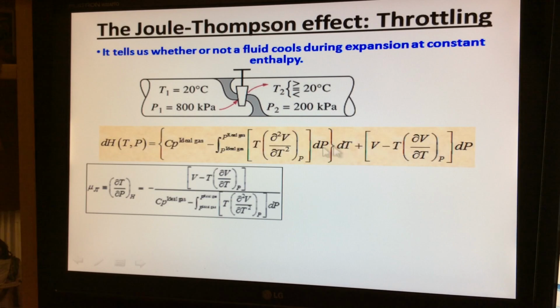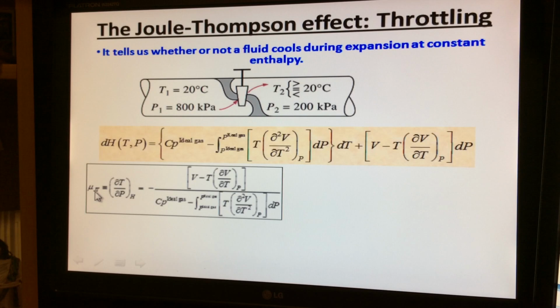Because enthalpy is constant, dH is 0, because the derivative of a constant is 0. So we set this side of the equation to 0, and then rearrange the rest of the equation to end up with this expression.